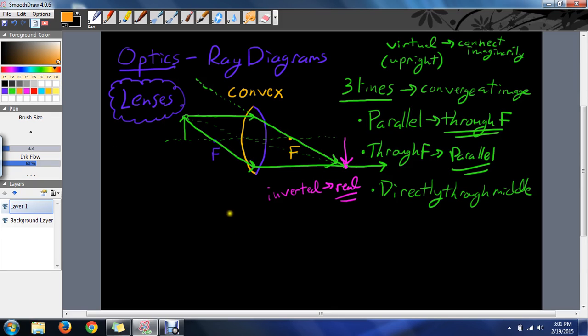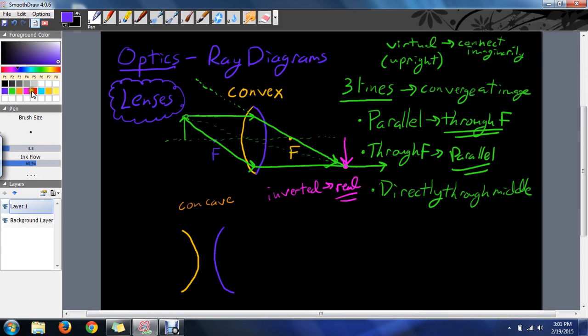Let's try concave. Remember, concave is the cave shape. But a lens has two, right? Because you can use it from either direction.